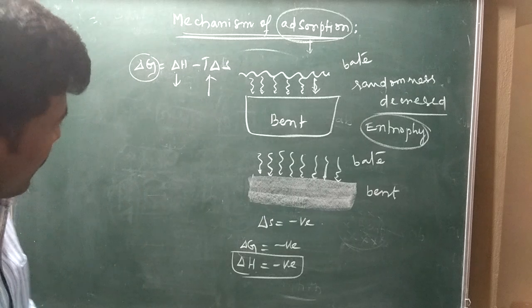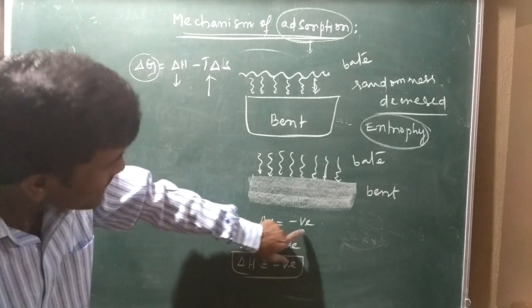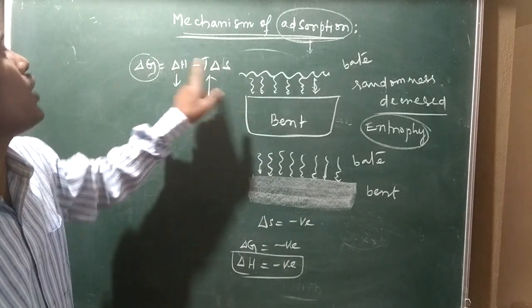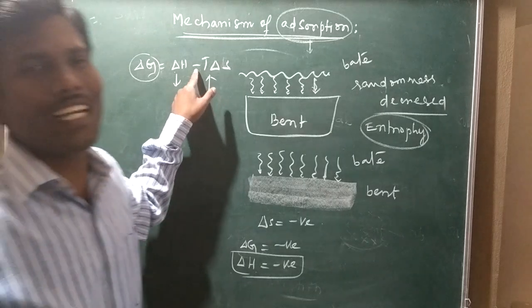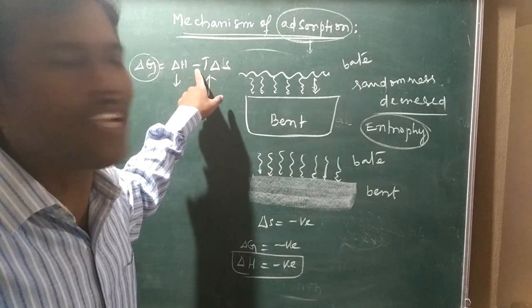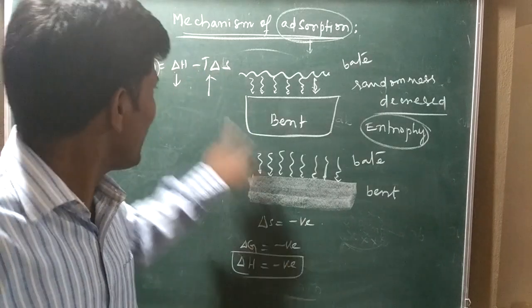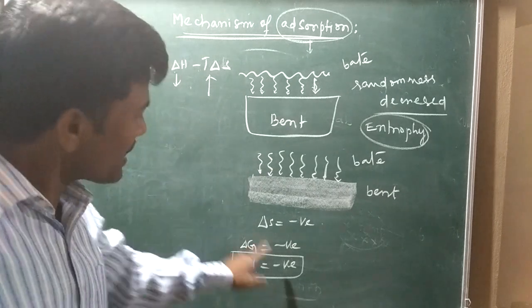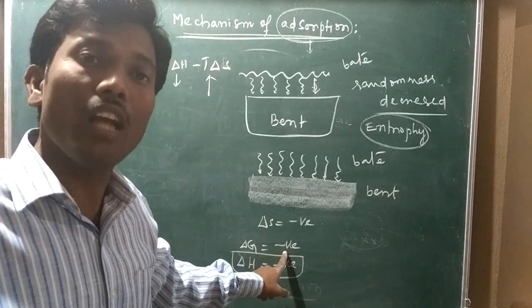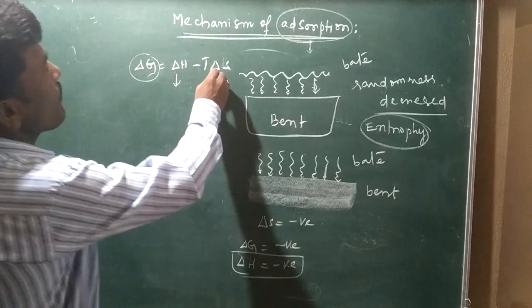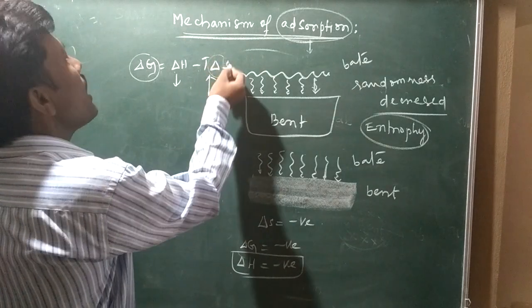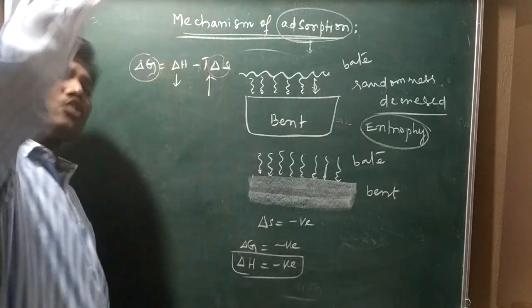Here don't get confused. If delta S is negative, don't multiply negatives. My dear students, here it is not a multiplication where minus into minus becomes positive. You will ask how delta G is negative; no, it is not a multiplication. Delta S negative means its product with temperature is also negative.